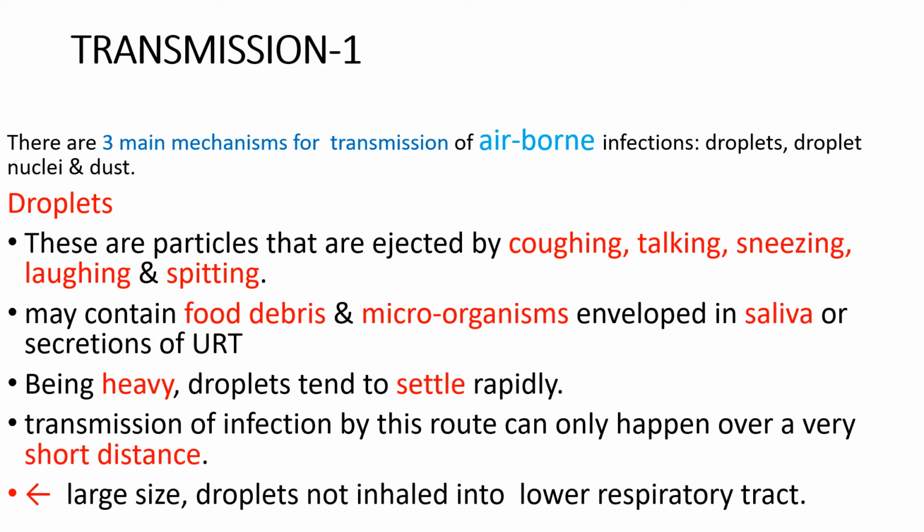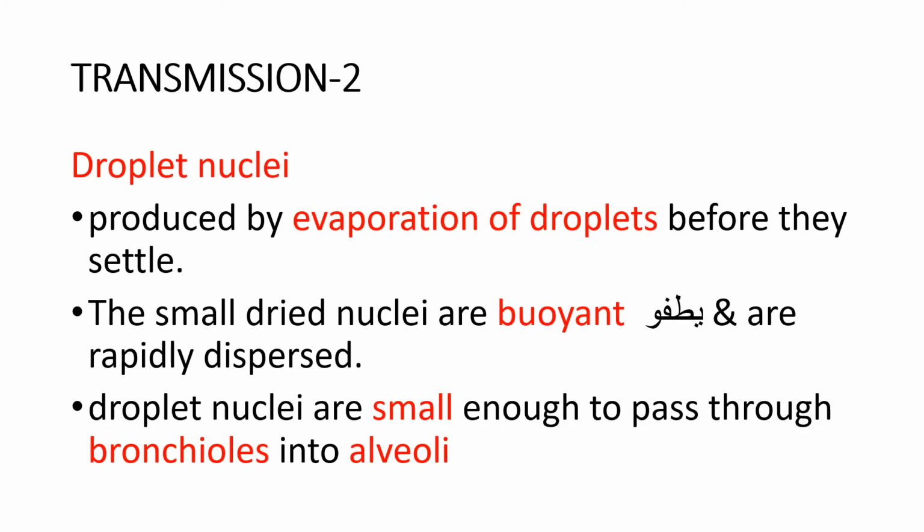Being heavy, droplets tend to settle rapidly. Transmission of infection by this route can only happen over a very short distance. Due to large size, droplets are not inhaled into lower respiratory tract.